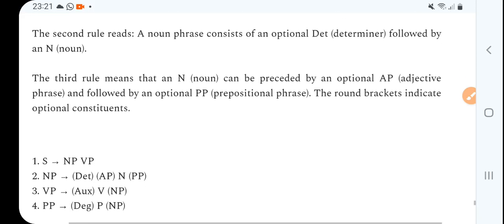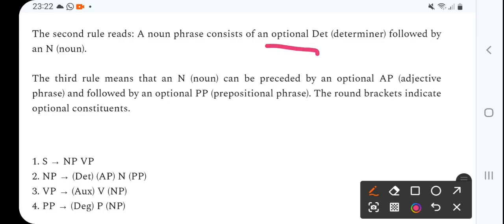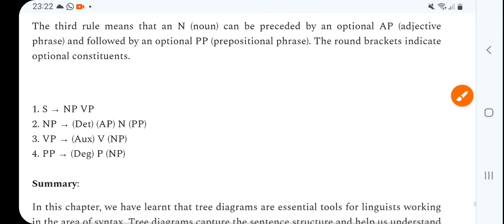Okay, the second rule reads, a noun phrase consists of an optional determiner followed by a noun, right?